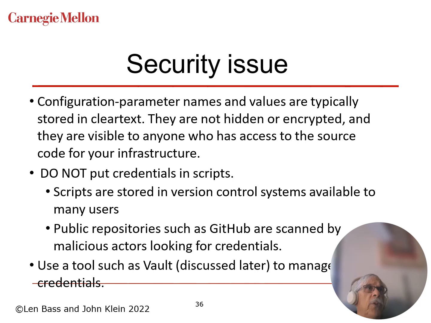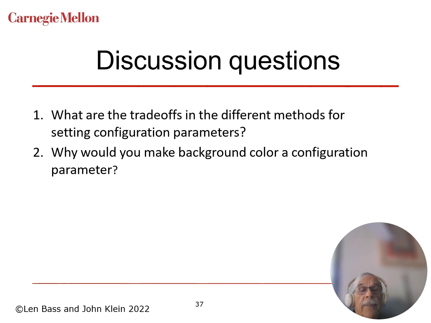We'll talk about a tool called Vault, which is a centralized credential manager, as a way of avoiding some of the problems associated with having the credentials be managed by individual applications.